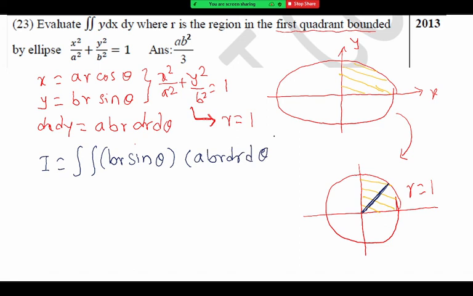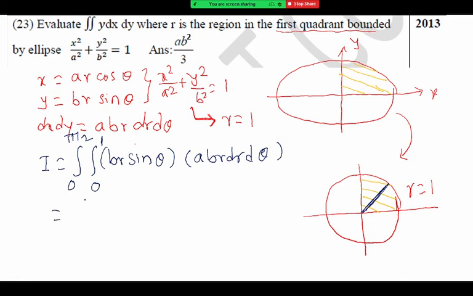Can you tell me the limits of r and theta? Theta is 0 to pi by 2. The minimum and maximum theta over the region is 0 to pi by 2, correct? And r is 0 to 1.